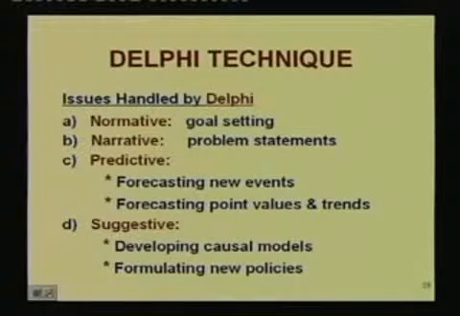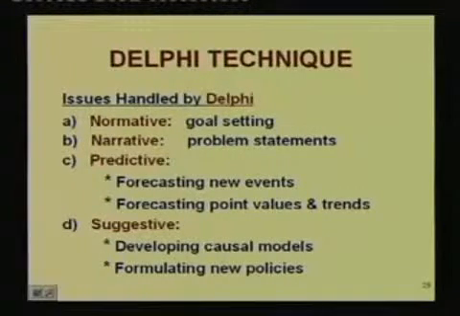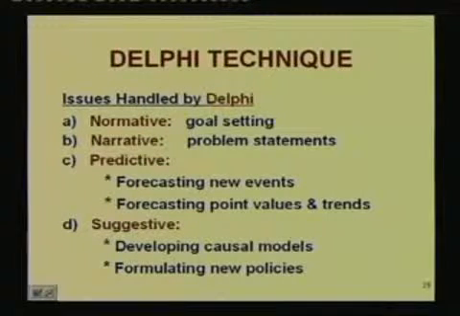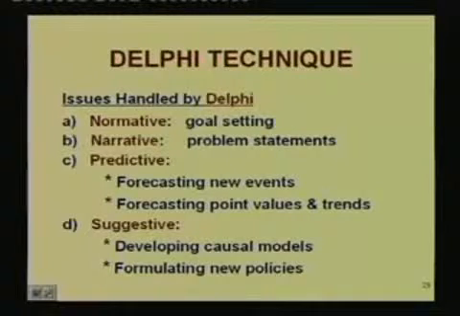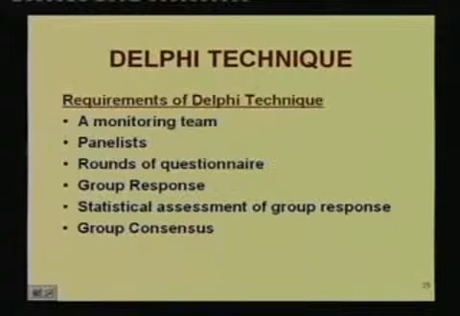So there are different kinds of issues that may be handled by DELPHI, starting from goal setting to problem statements to forecasting to suggestive ones like developing causal models or formulating new policies.